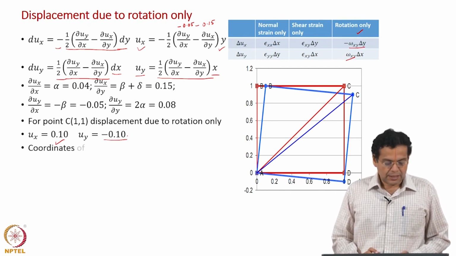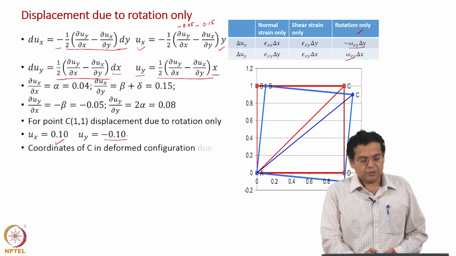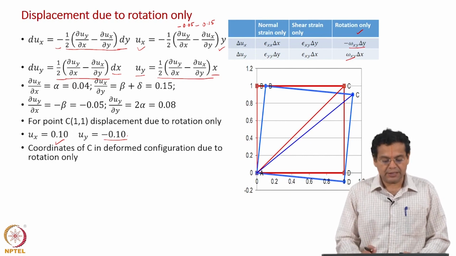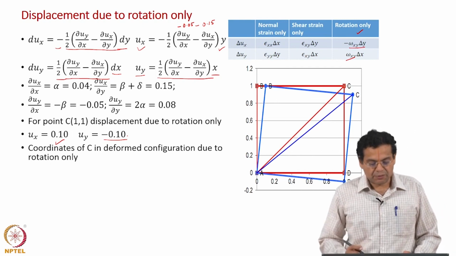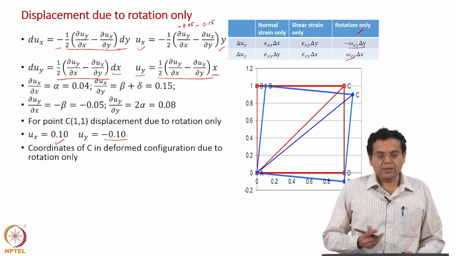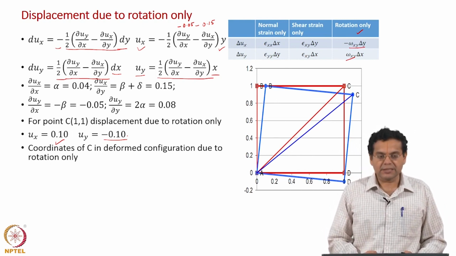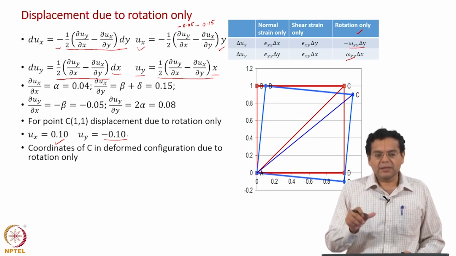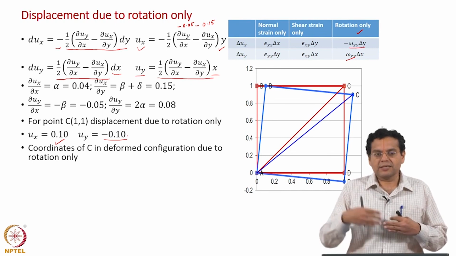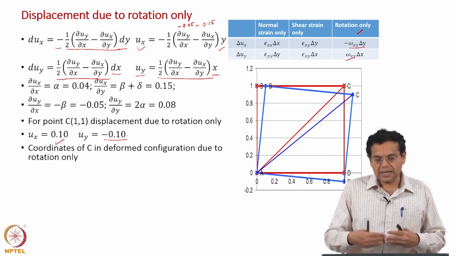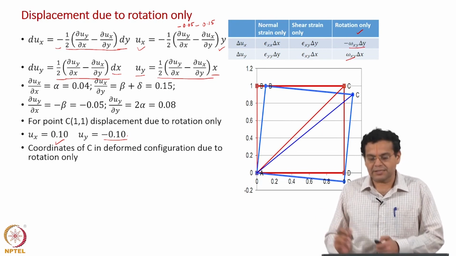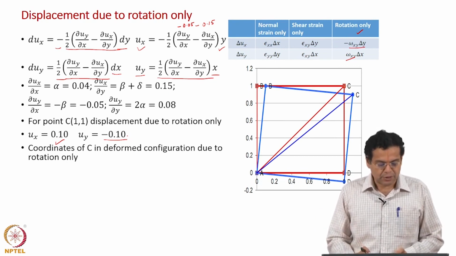Now let us add to the original coordinates of C in deformed configuration due to rotation only. Just want to mention, it says deformed configuration but says rotation only, which looks a little paradoxical, because we said deformation is normal strain and shear strain only. But this is the usual nomenclature used: initial configuration, final configuration, initial state, final state. So that is why this says deformed configuration, meaning final state, the blue boundary, due to rotation only.